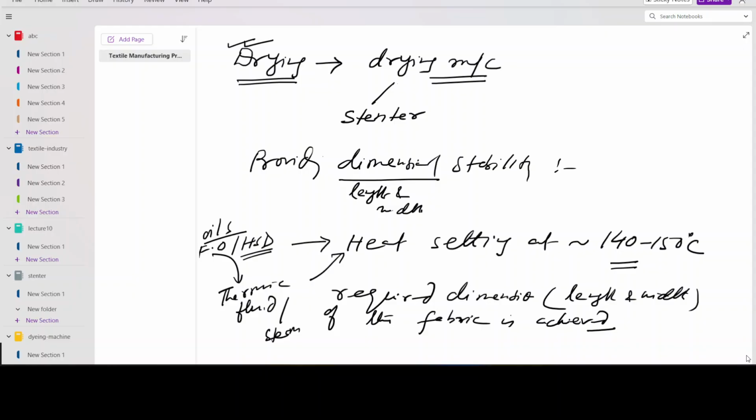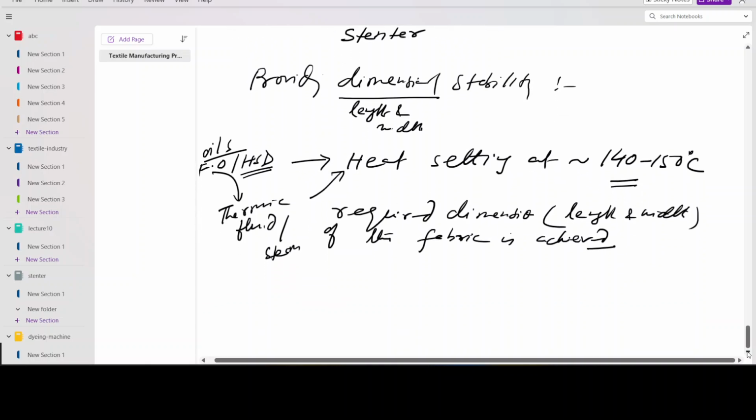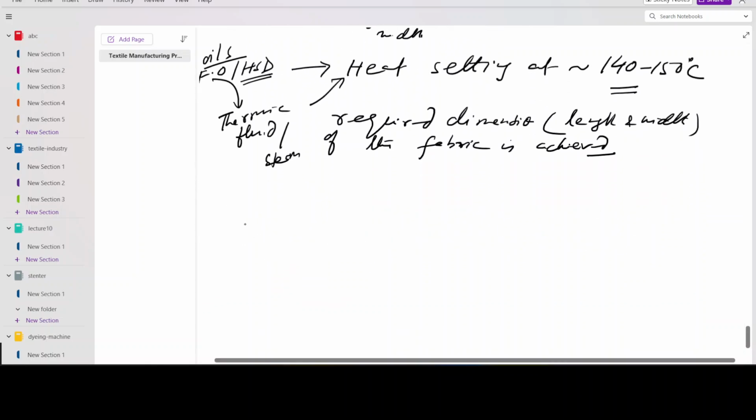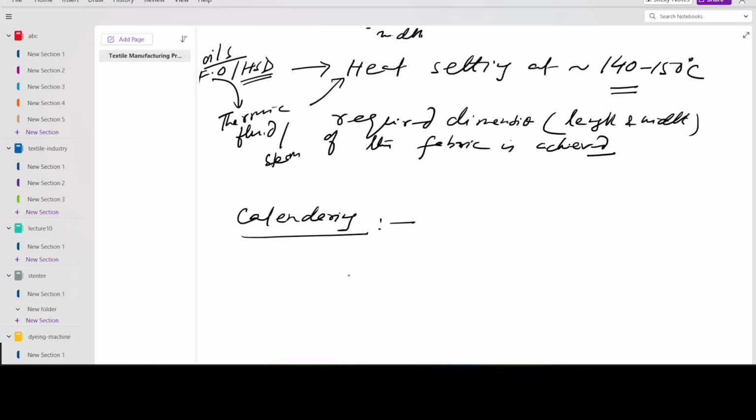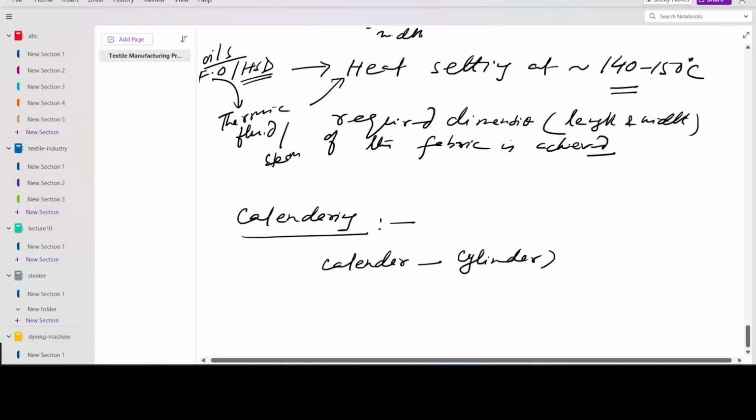Now we have a process known as calendaring. There is a word calendar, and its origin is the word cylinder, that is, a machine with rollers.